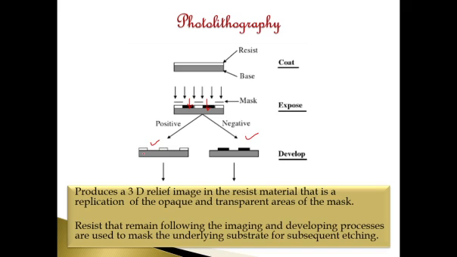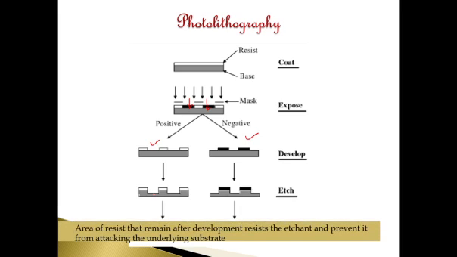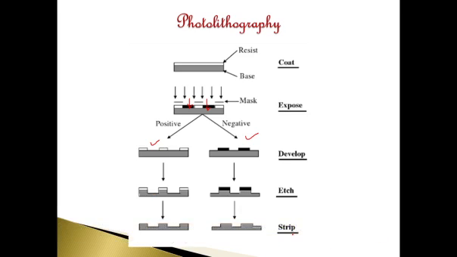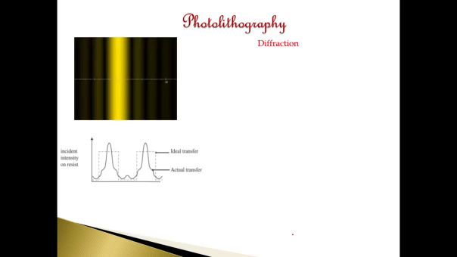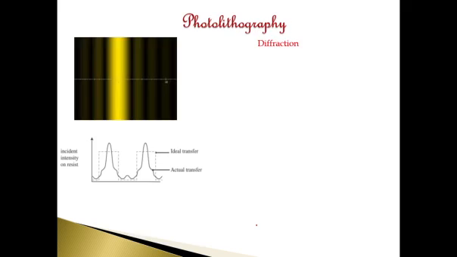Only those regions of the base which are exposed will undergo etching. Finally the resist layer is stripped off and you will get the pattern as such. It could be a positive pattern transfer or a negative pattern transfer.